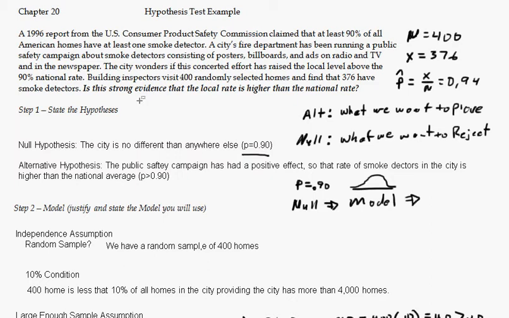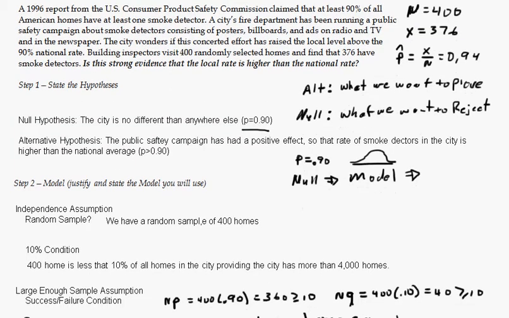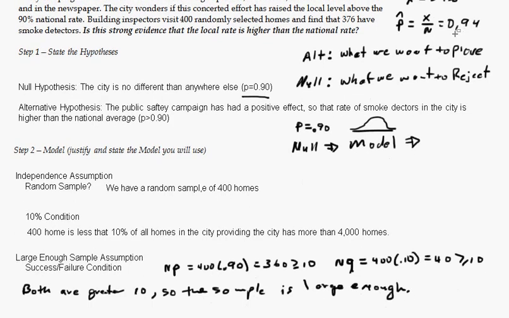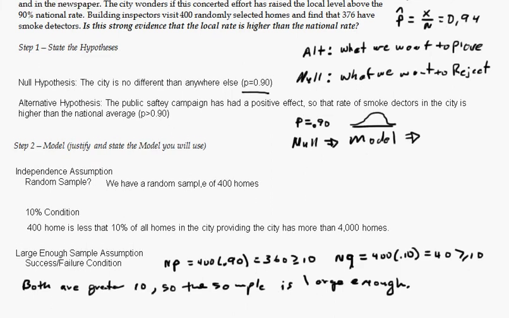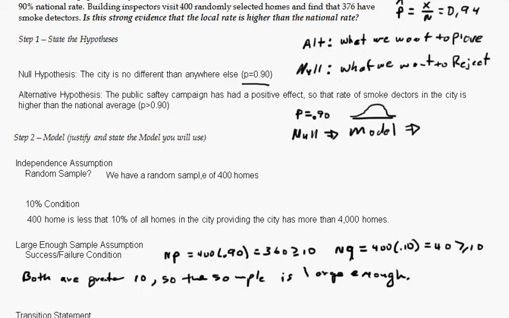And the city wants to know, did this campaign and all this money they spent on promoting the use of smoke detectors in homes raise the proportion of smoke detectors in their city to be above 90%? So when we sampled the city, out of 400 samples, 94% actually had smoke detectors.